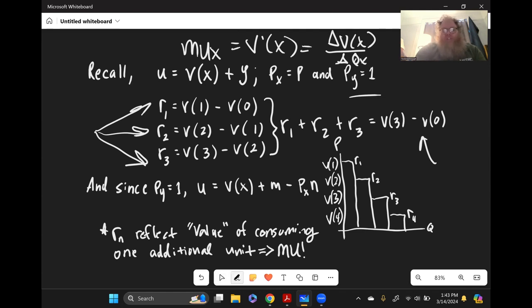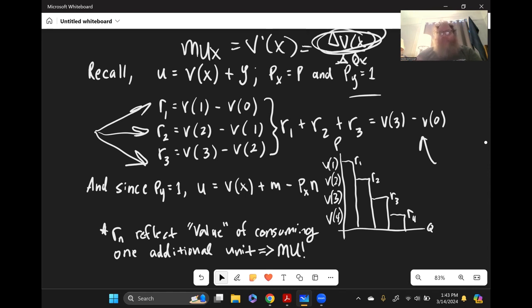So it's just this change in value divided by the change in the quantity of X. And the change in the quantity of X is almost always just going to be 1. And so here, again, to drive home that point, the reservation price that consumers have for a particular good is going to be equal to the change in value that the consumer feels when they increase their consumption of the particular good.